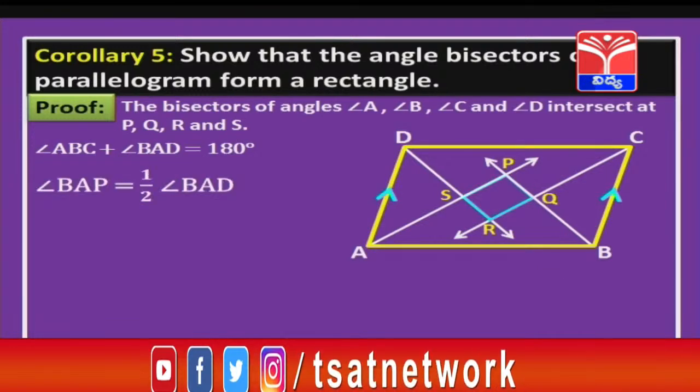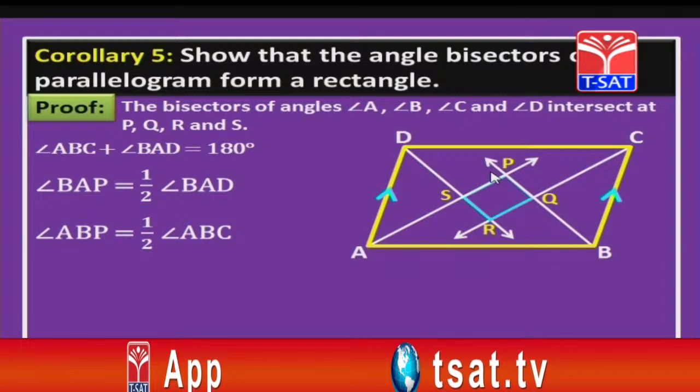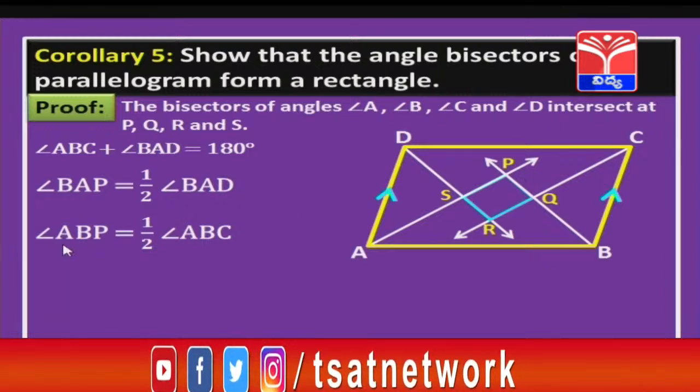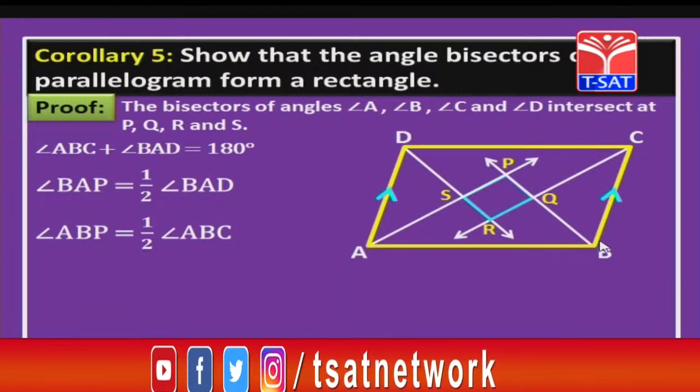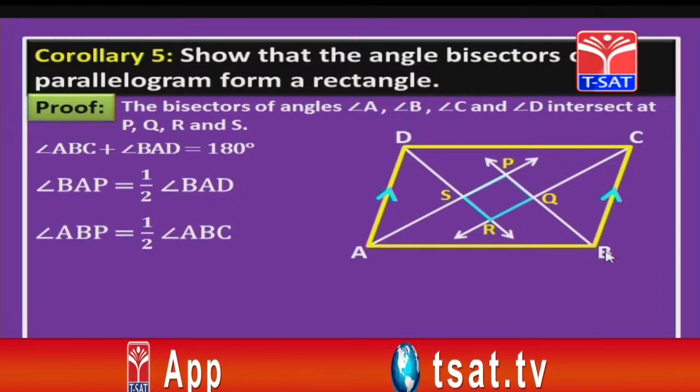So, now I will consider angle BAP. Now, where is BAP, children? If you consider, this is BAP. This angle is equal to half of BAD. Why half of BAD? Because AP is a bisector of angle A, and also angle ABP is half of angle ABC, because BP is also a bisector.